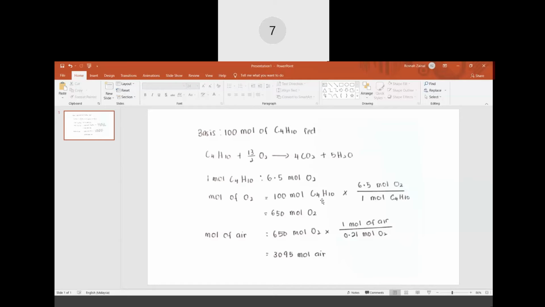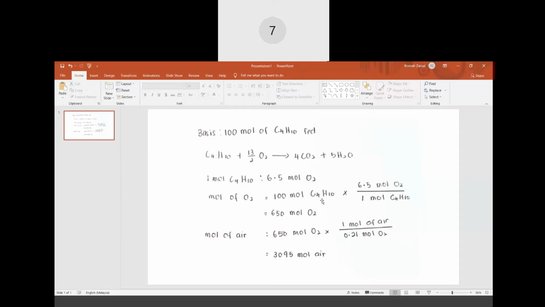After we find the combustion reaction and from the block diagram, we can see that 1 mole of butane reacts with 6.5 mole of oxygen to get complete combustion. From the relation, we can find the mole of oxygen used for the combustion given the basis of 100 mole of butane.